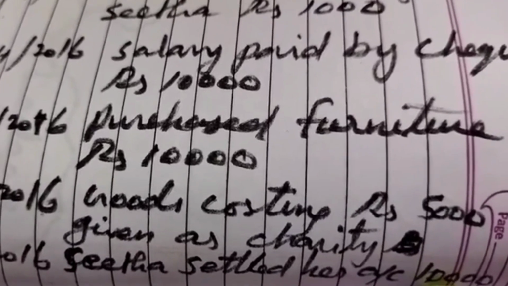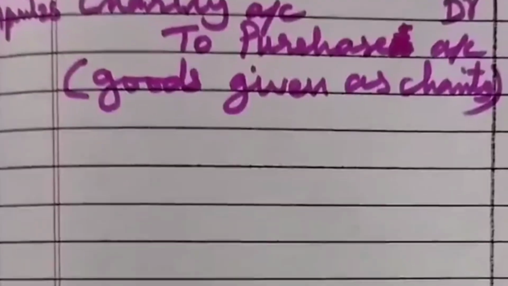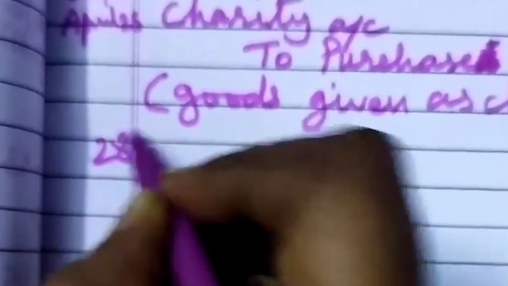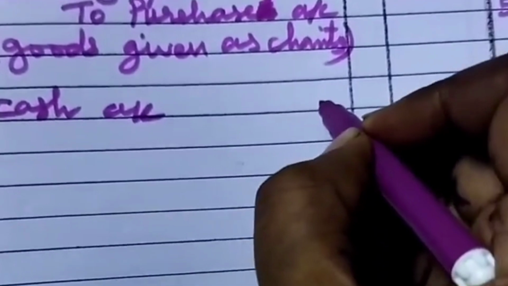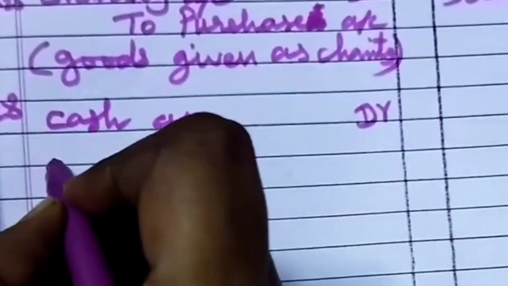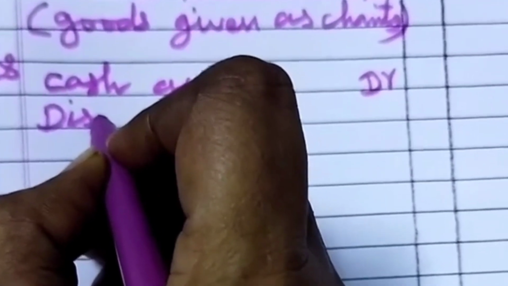Okay, so now we can write the journal entry. What is the date? 28th. So cash account debtor. Like that, discount account also debtor because this is an expense. As per nominal account, debit all expenses and losses. So discount account debtor.